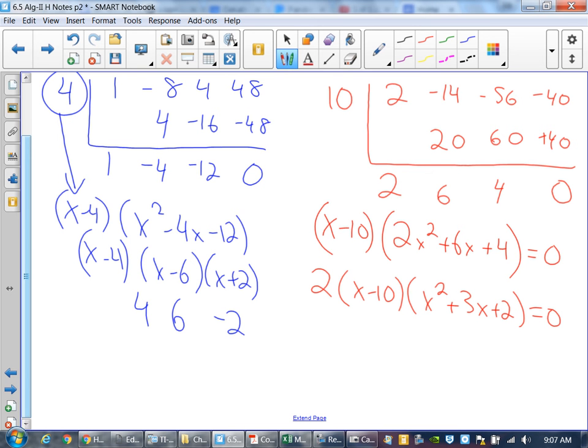You don't bother with it anymore. But what times what is 2, and you add together, you get 3? So you have x minus 10, x plus 1, x plus 2. So you have 10, -1, and -2.